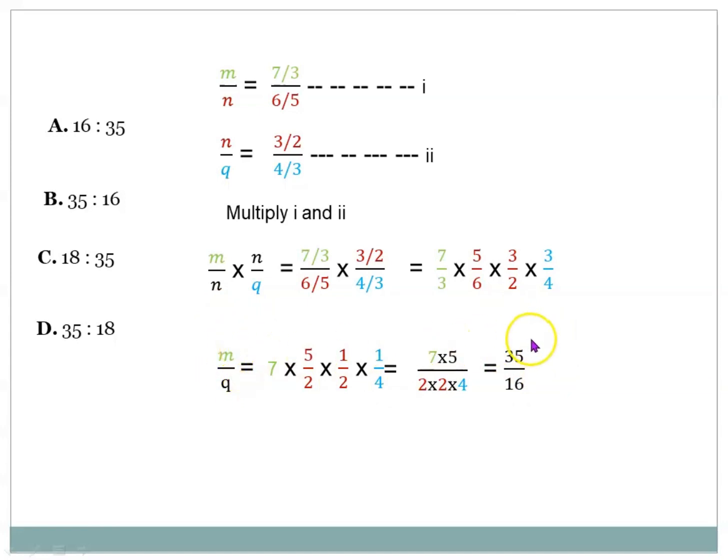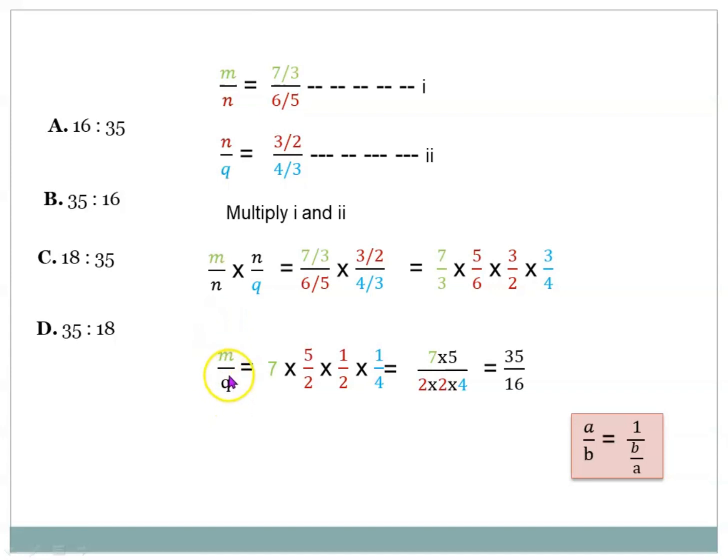What we can do is take the reciprocal. When we take the reciprocal of a over b, it will give you b over a. So the numerator will change to the denominator, while the denominator will become the numerator. That is what taking the reciprocal means.